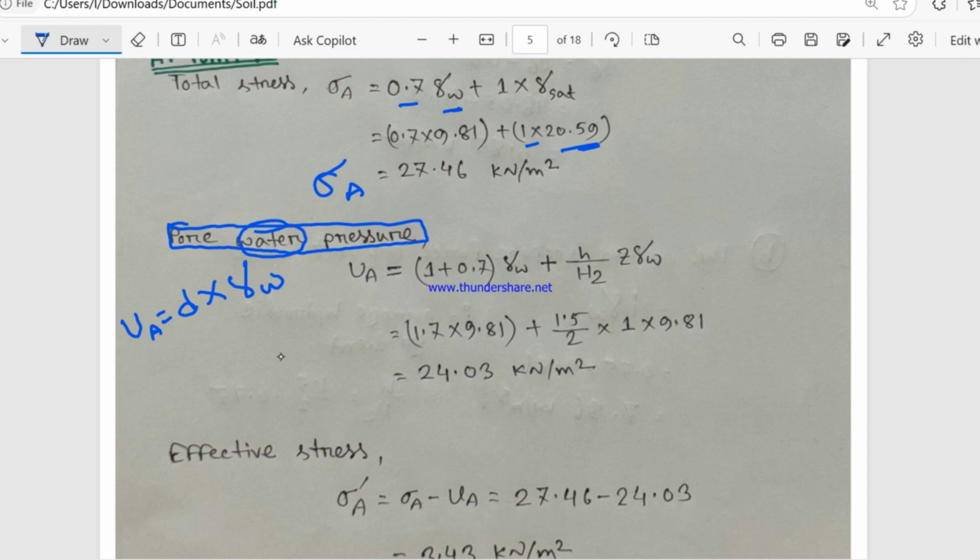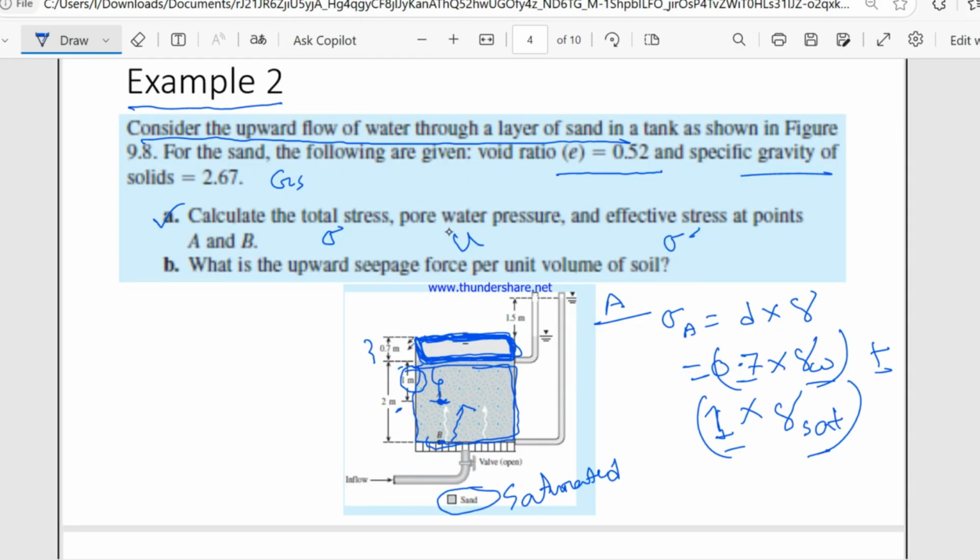For point A, the total distance is 0.7 plus 1.